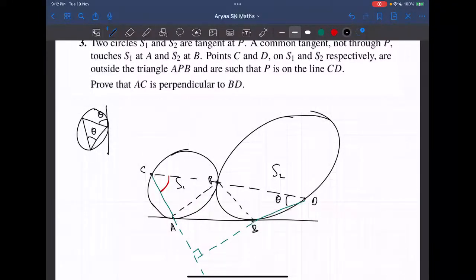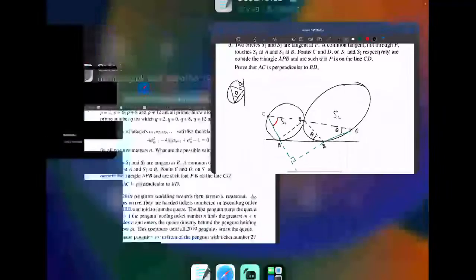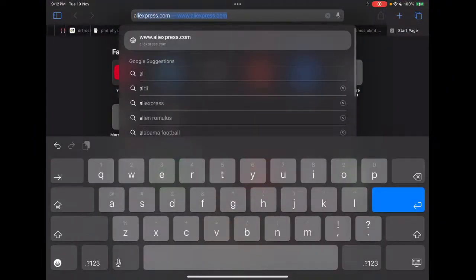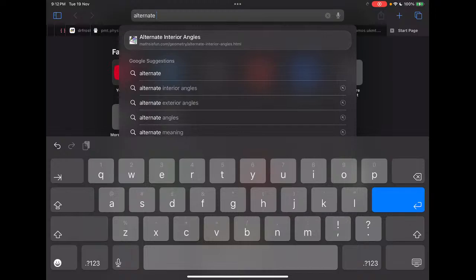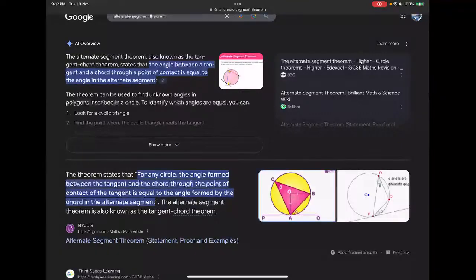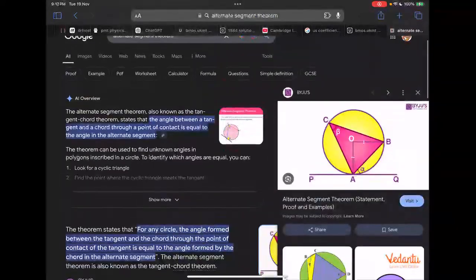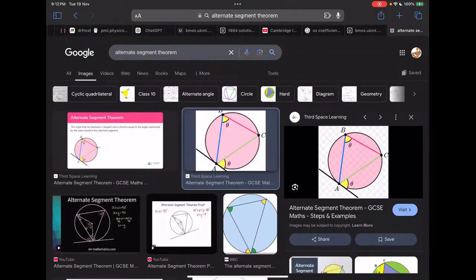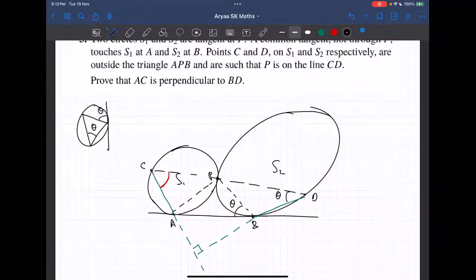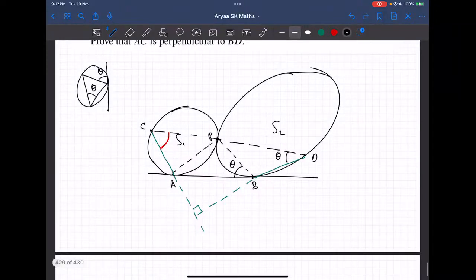So in our case, this would also be theta. Maybe I should just confirm the alternate segment theorem, seeing as it is something that we should know. Okay, yeah, so this is the alternate segment theorem, and I think this is the same here. Okay, good. So, what else do we know?